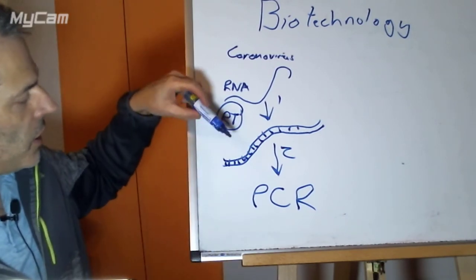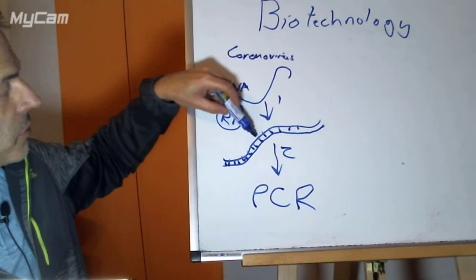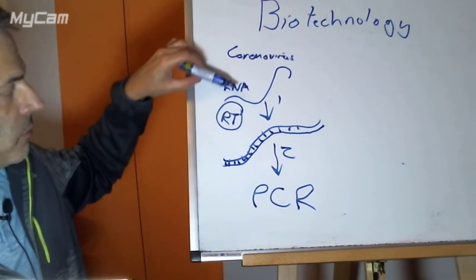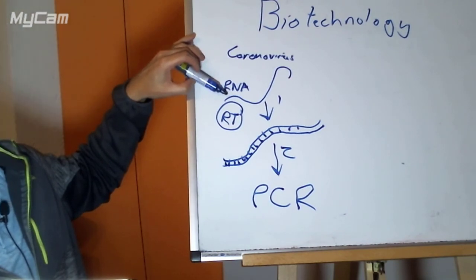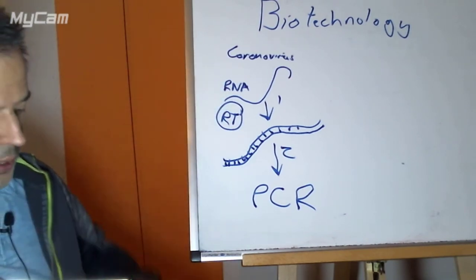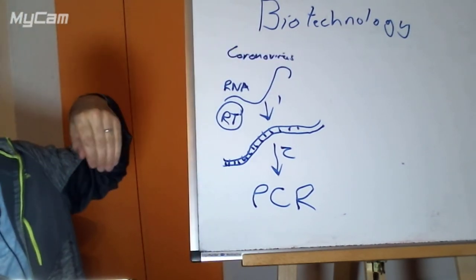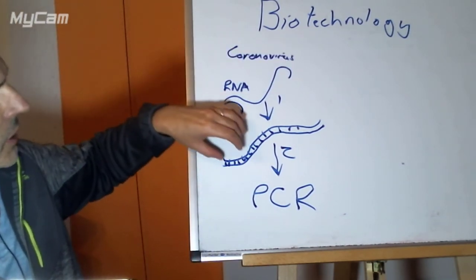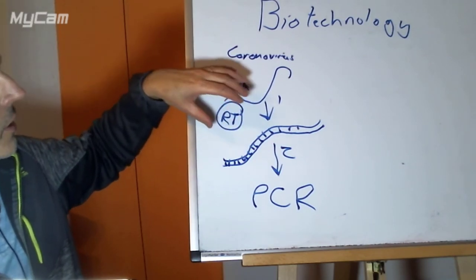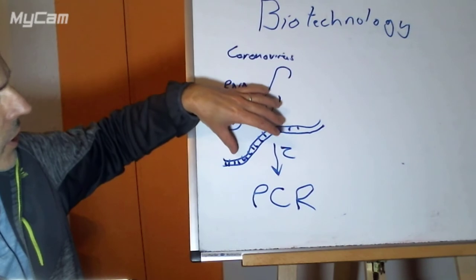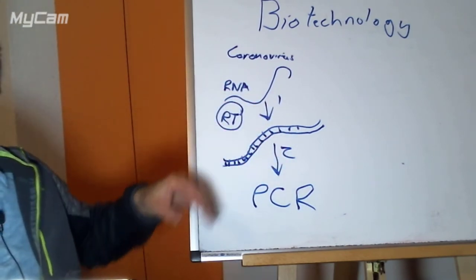So we need a primer, a forward and a reverse primer, that are linked to the sequence of the RNA that we're looking for. And we don't need to search for the whole genome of coronaviruses. We just need a section. Then we grow it, and we can grow as much as we like.